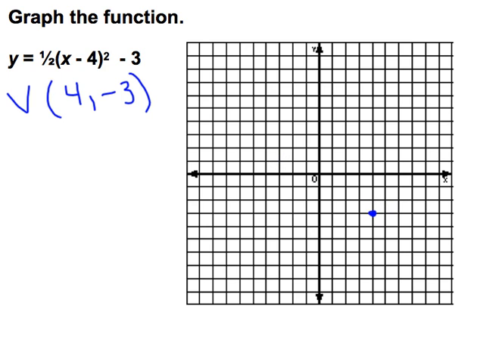Now the other nice thing is that I know the axis of symmetry is going to be the x value of the vertex, so x equals 4. And remember, we use a dashed line for the axis of symmetry. There is the axis of symmetry line at x equals 4.